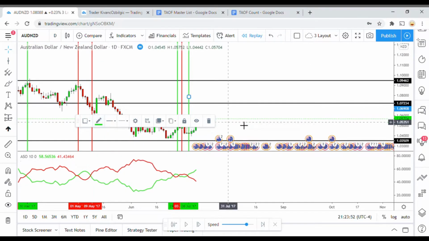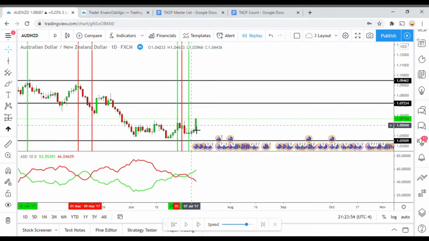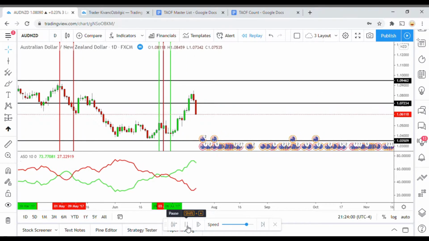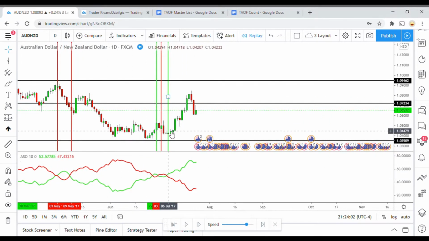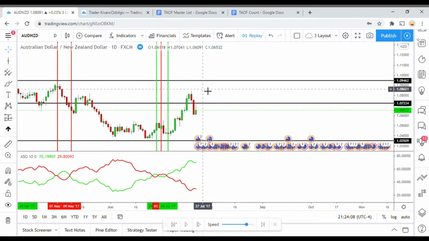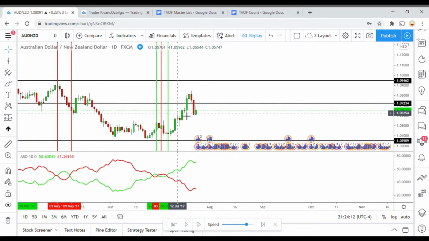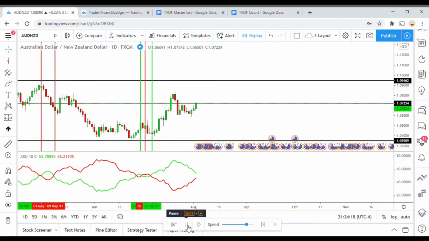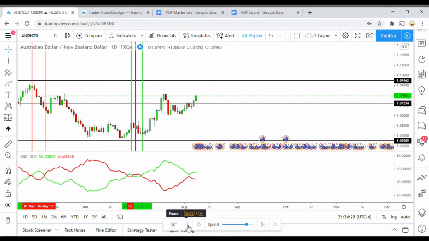Then we picked up a long here on this one. That one finally gave us some decent momentum and got us to take profit. So not too bad on that one. And then there you have it. Like I said, it came down, bounced along this area, and is now starting to reverse course here and send itself upwards with some decent momentum.